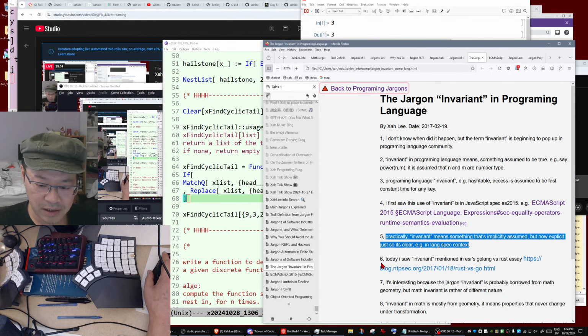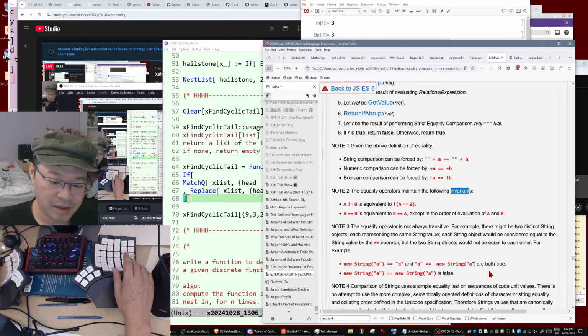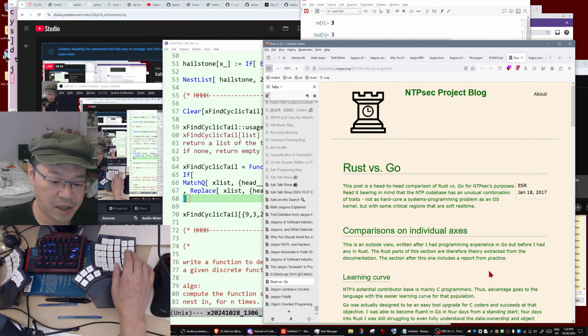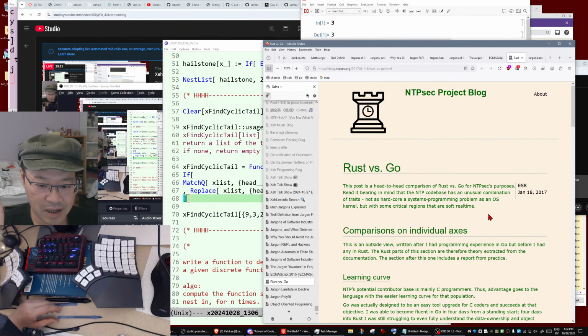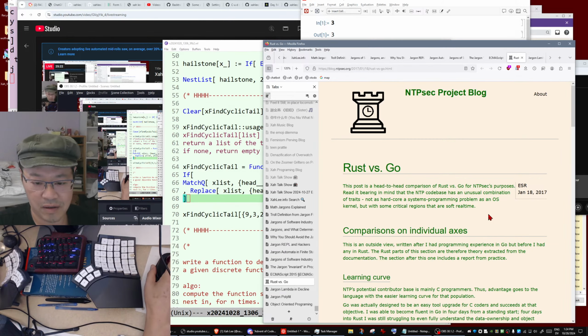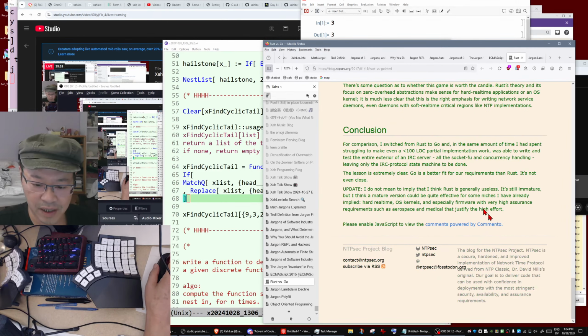And number 6, today I saw invariant mentioned in Eric Raymond's Golang versus Rust essay. I was reading his blog. He also mentioned the word invariant. This was written about 10 years ago. Where's the date? Let's see if I can find the date.